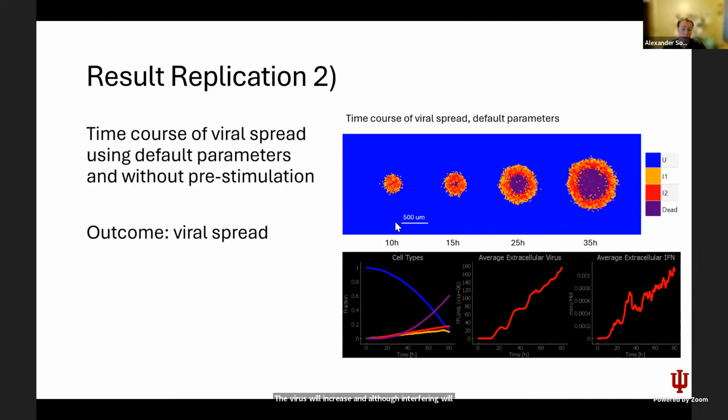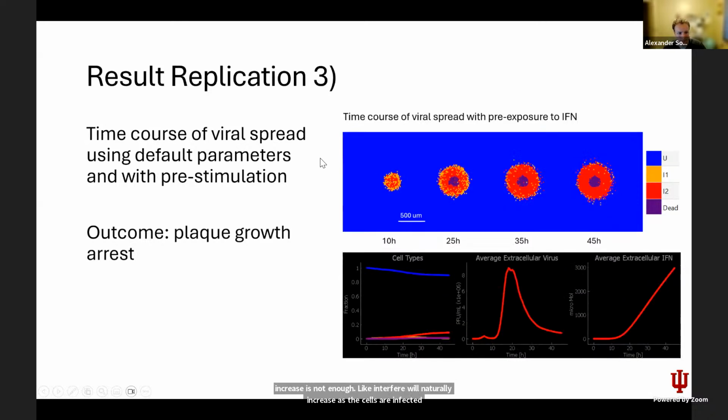Interferon will naturally increase as the cells are infected and die, or most of them die. And then if the cells are stimulated with interferon, the virus will initially increase, but it'll plateau and then plummet as the antiviral response kicks in and prevents viral replication from occurring.